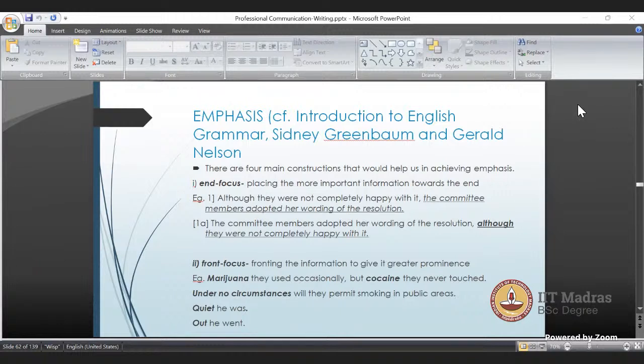You have, although they were completely happy with the committee members adopted her wording of the resolution. And the second one, that is, the committee members adopted the wording of the resolution, although they were not completely happy with it. Okay. So what did you do? Now, keeping in mind, usually when you have a subordinating conjunction like although, you try to put them at the end of the sentence.